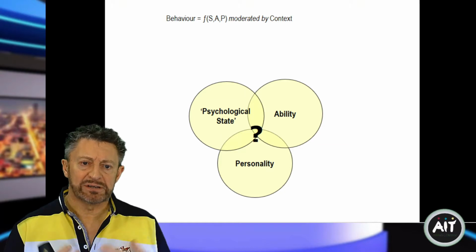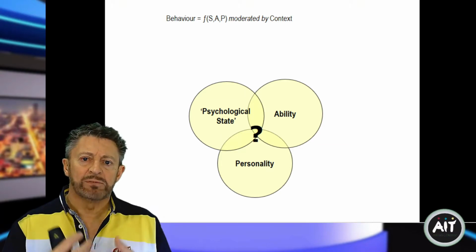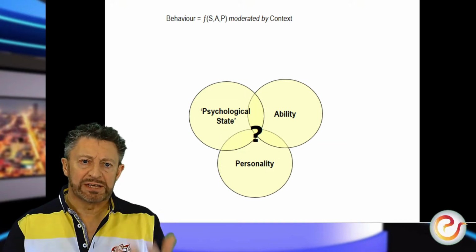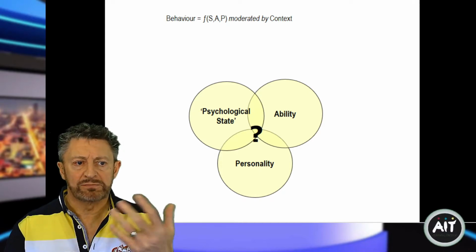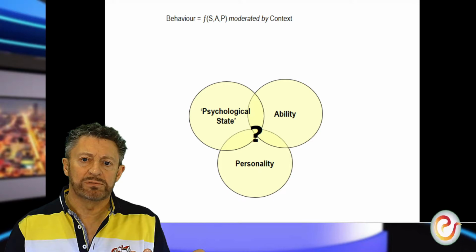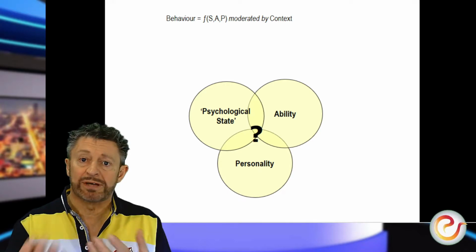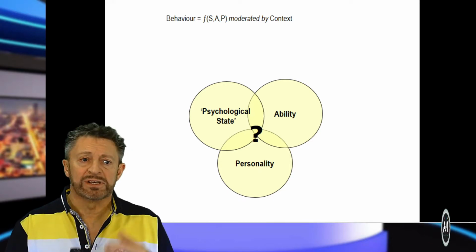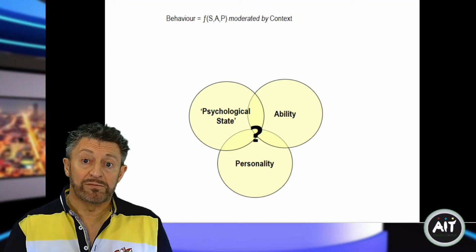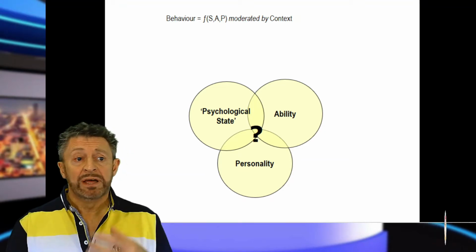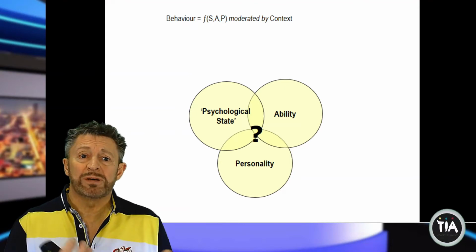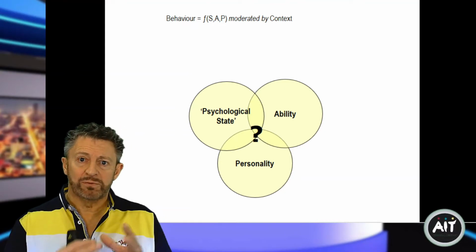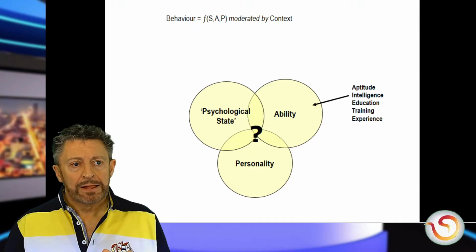And then our personality will determine how much effort we want to put in to get to the right level. And if we feel we're overwhelmed by our personality, our psychological state will change, because we feel we don't have the ability. And also the reverse, if we have an abundance of ability, our psychological state can also have a negative impact, because we're not being challenged. You see why this becomes so important.